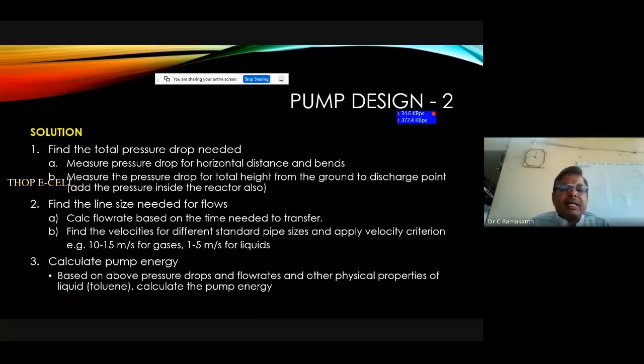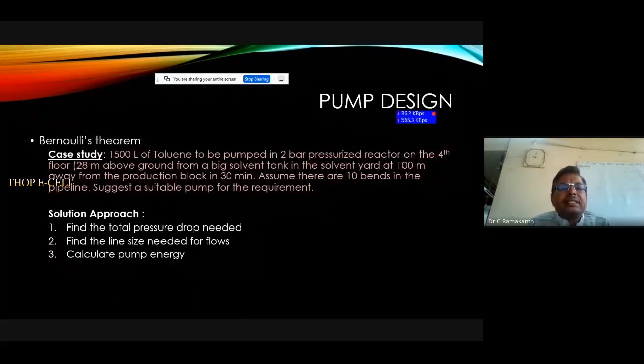Line size depends on the flow rates. You have to calculate the flow rate based on the time needed for the transfer. I said I need the whole 1500 liters to be transferred in about 30 minutes, so that is 1500 liters in 30 minutes, or 3000 liters per hour.